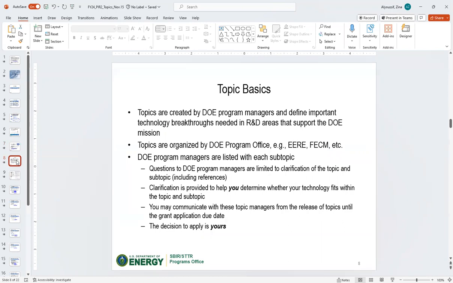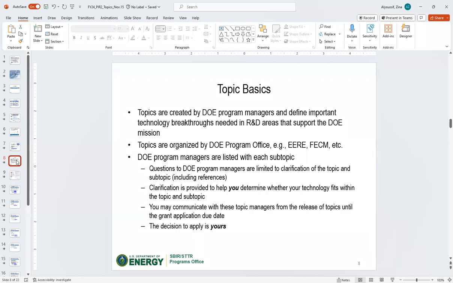Just to give you a clear picture about our topics here, they are created by DOE program managers and define important technology breakthroughs needed in the R&D areas that they support, the DOE mission. The topics are written in a way that supports the topic managers in their roles in their offices.